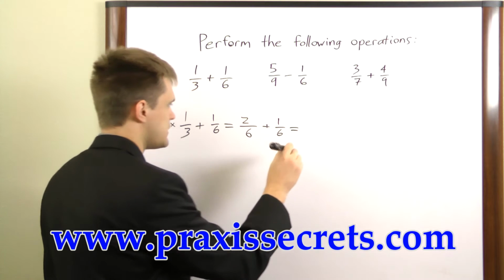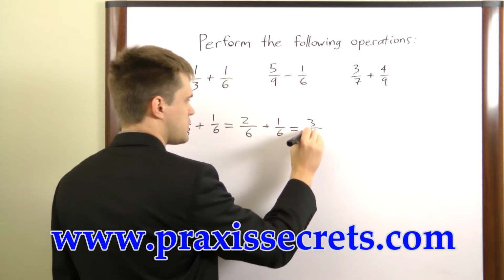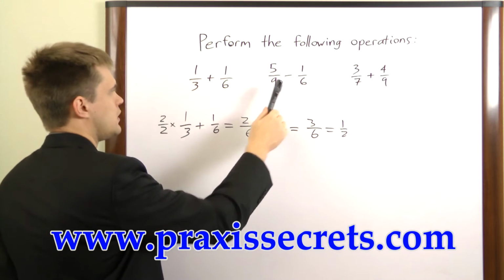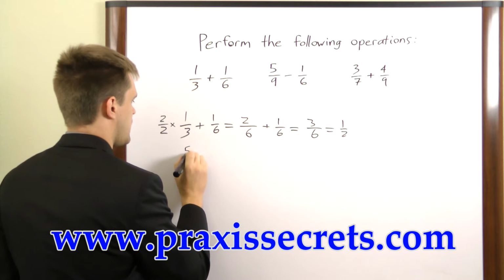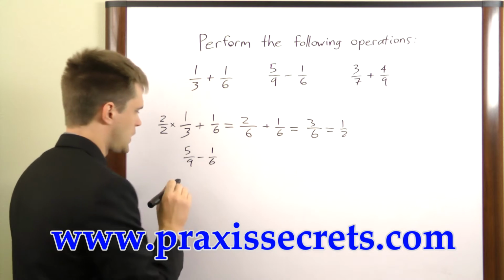And then all we have to do is add these. 2 plus 1 is 3, and we retain the 6 on the bottom, so we have 3 over 6, or 1 over 2.